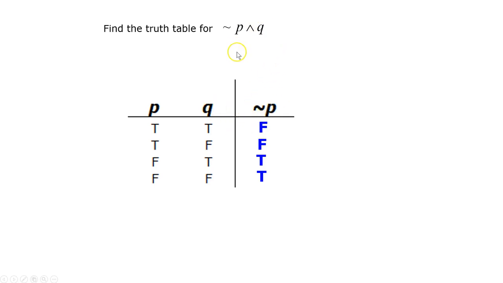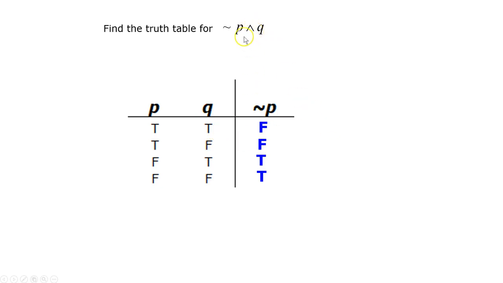If I had this as Q and not P, it wouldn't matter. The and symbol has some commutativity, so you can reverse the two sides. There are some logical connectives that you can't do that with, but an and statement, or this intersection symbol, you can.